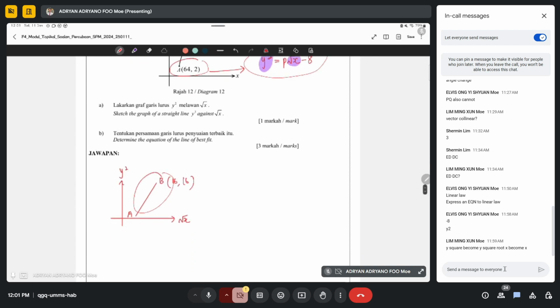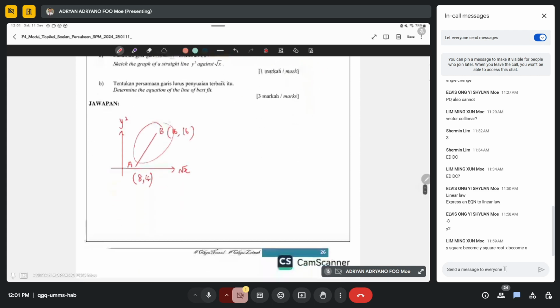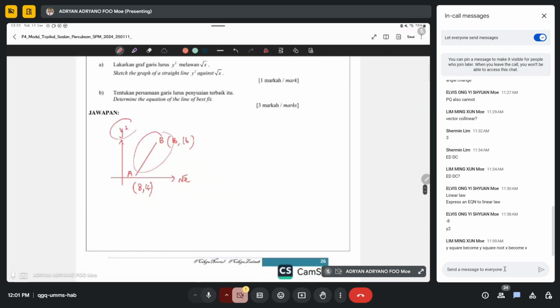A 呢64 set 64 是 8, 2 square 4, 看到吗这个是 A 跟 B 的新的 coordinate. 现在我不要 Y 跟 X, 我是 Y square 跟 set X.